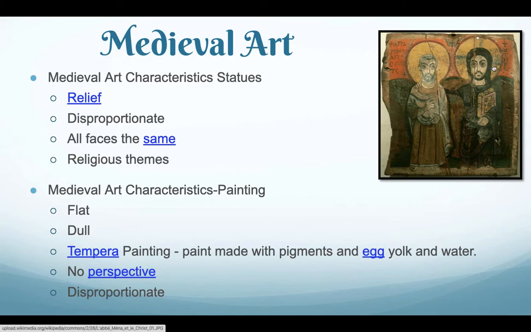If you look at this, the head is way too big for the body, and Jesus's arm here, this is supposed to be Peter, is very weirdly shaped and unusually long for his body. They didn't pay as much attention to the details as we're going to see in just a second with the Renaissance art.